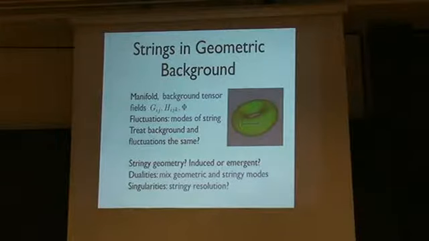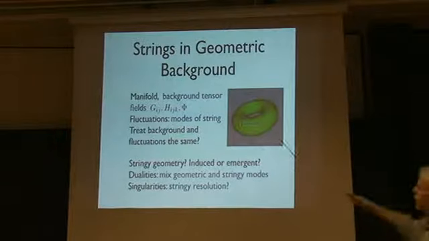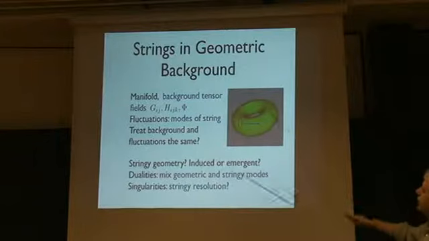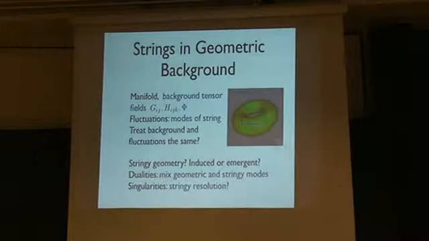And so one of the things is to try and understand the nature of the kind of stringy geometry which might emerge from this. It might be something induced by integrating out the string, or something which is emergent. One of the features is that some of the dualities which I want to talk about will mix some of the geometric and stringy modes in an intrinsic way, and so hopefully would have something to say about these kinds of questions.